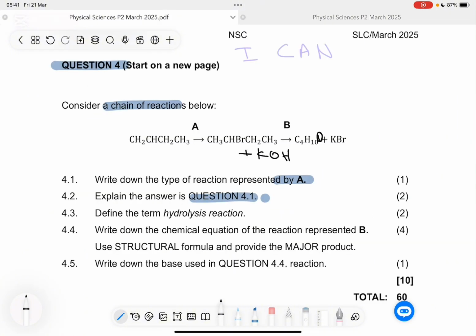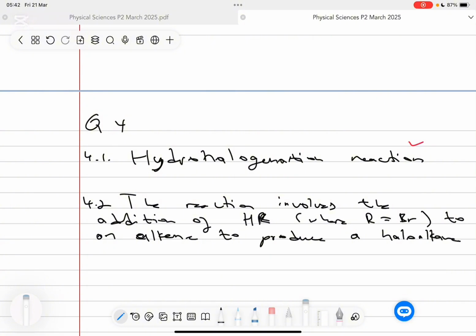If you look at this molecule here, it is a single bonded molecule. I have 3 carbon atoms, 2, 3, and here I have 2, as I said. So everything here will be single bonded if you draw the structural formula of this. But it also has a bromine in it, a halogen. So we call that the haloalkane.